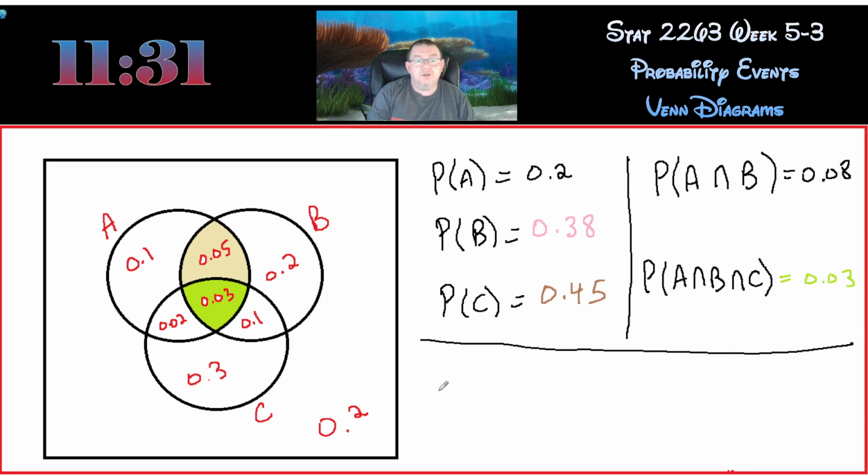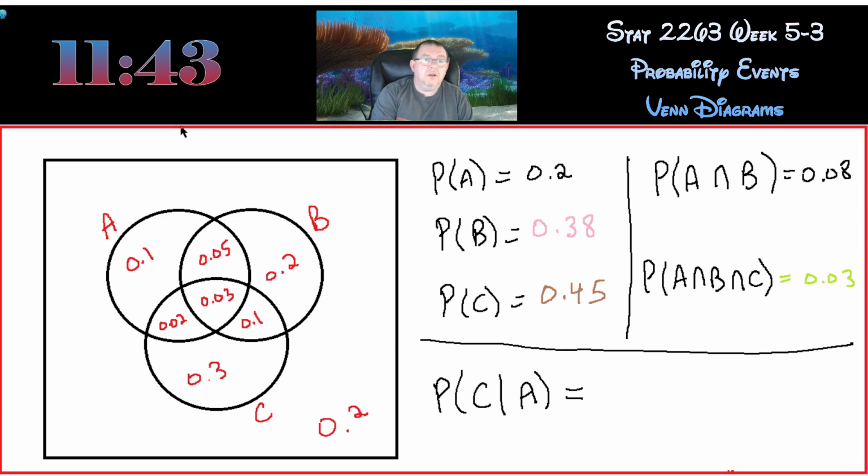But this also helps us look at conditional formulas a little easier. So let me set everything back to white and pick a new color. So here, probability of C, line A. The line is read as the word given. So C given A. So when you hear that, C given A, what's given?